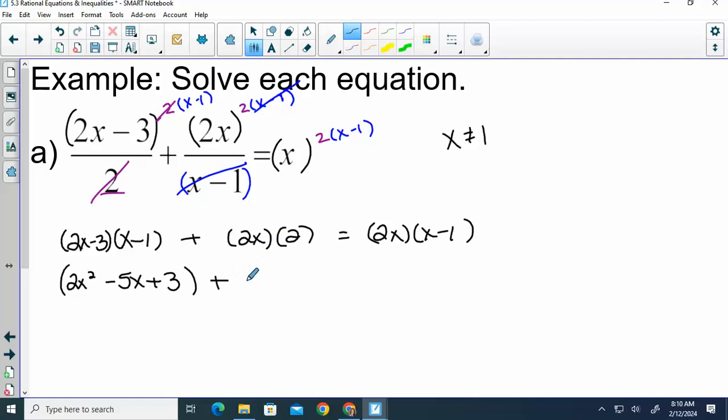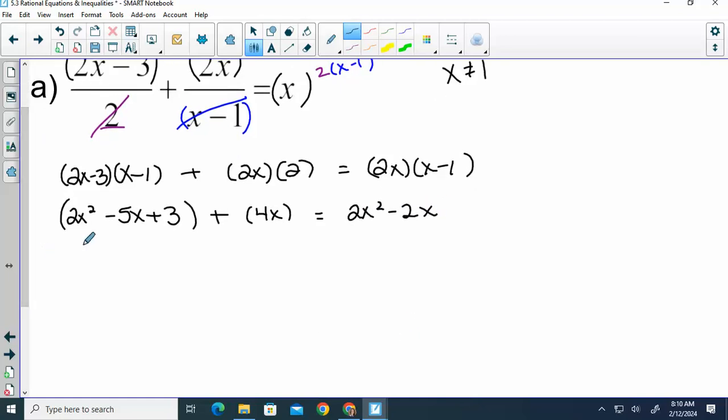That's that one. This would be the 4x. Over here we get 2x squared minus 2x. Combine like terms.